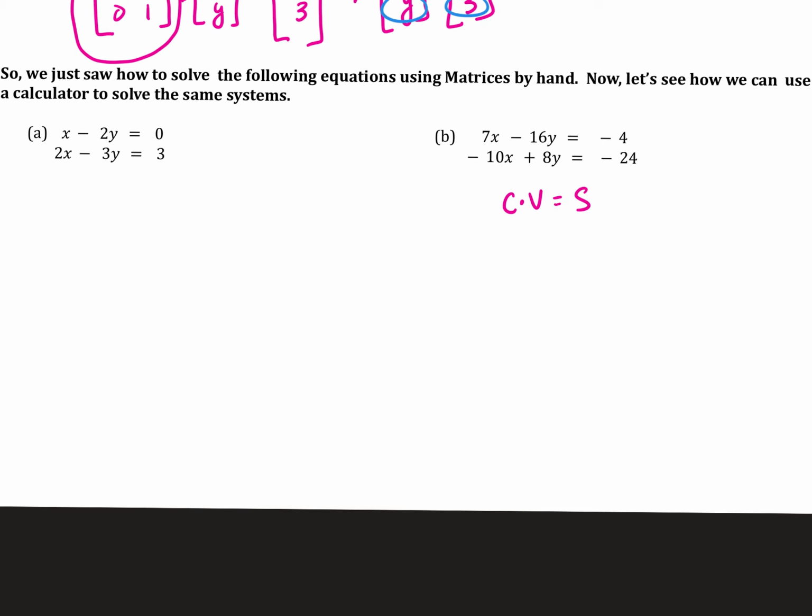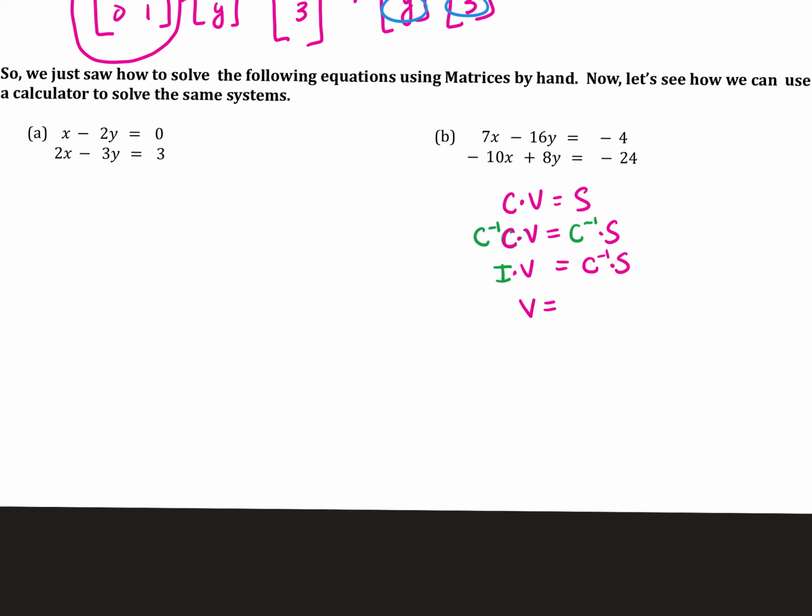My process to solve was to do the inverse on both sides. So the inverse times the right side and the left side gave me essentially what we call the identity matrix times my variable matrix, which actually, guys, just ended up being what?